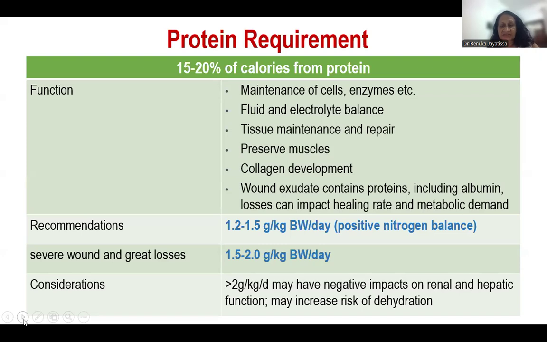In some instances, with some wounds, you can even go beyond 2 gram per kilogram body weight. But you have to be very cautious whenever you go beyond that, because sometimes it has a negative impact on renal and hepatic functions. Because if the patient has other comorbidities, you have to be a little careful whenever you are handling that part. Next slide, please.